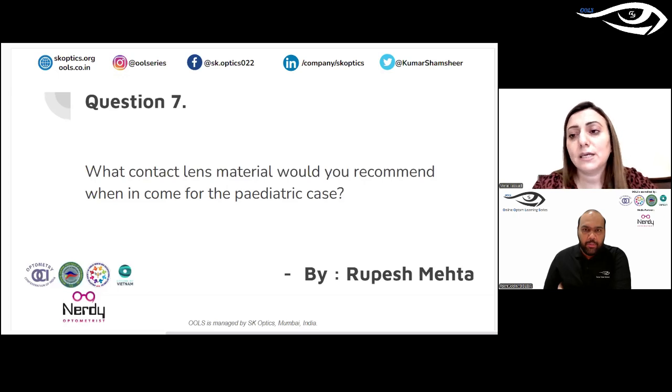Yeah, definitely silicone hydrogel. For pediatrics, they use silicone hydrogel, but to be honest with you, they have to be very careful with pediatric follow-ups, and we don't do pediatric patients. This is why my experience is limited, I'm terribly sorry. So we don't fit pediatric patients, but you need to be careful.